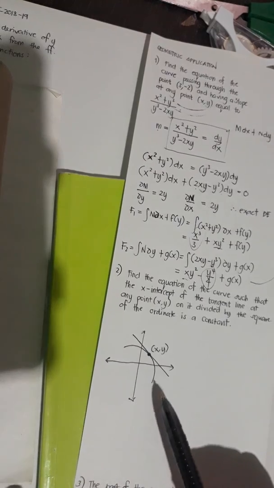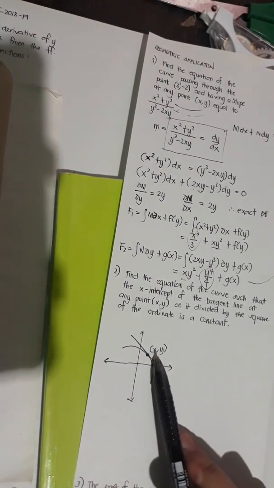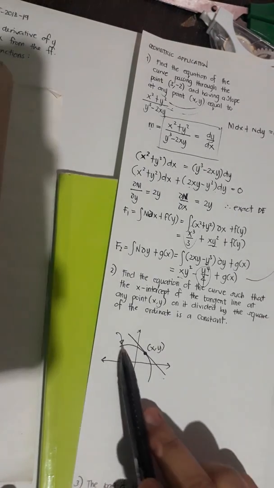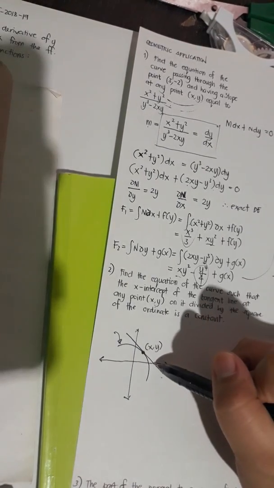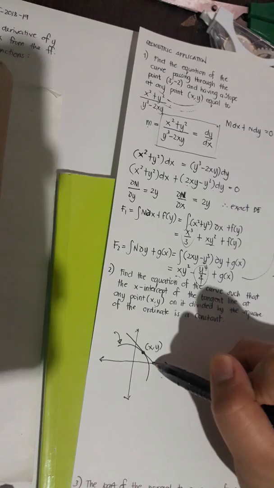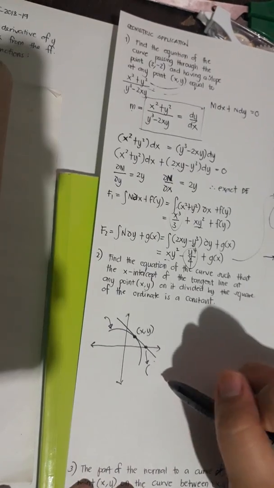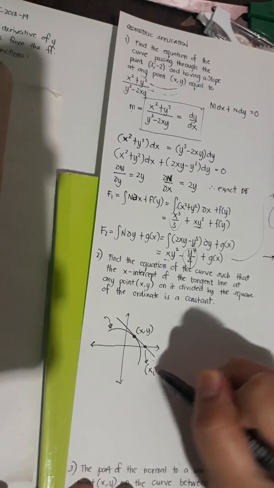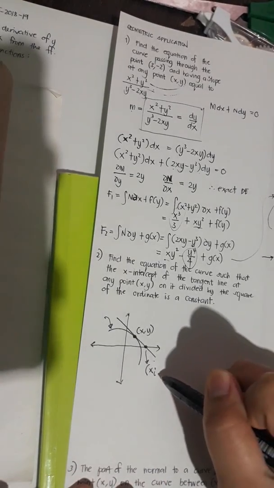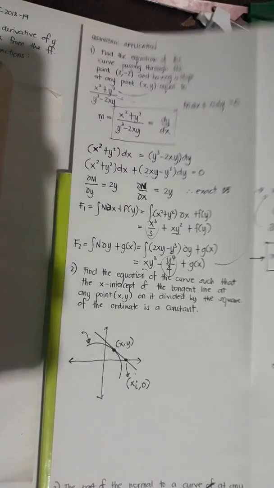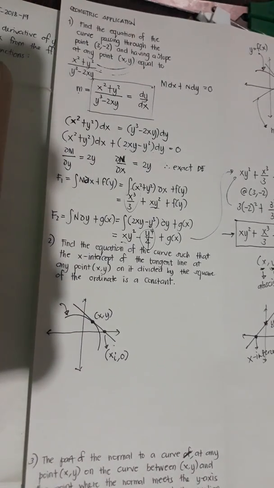So if this is the tangent line at a certain point xy of a graph of a function, then this is the x-intercept, and the coordinates of this x-intercept, let's say the x-intercept is represented by xi, then 0. So these are the coordinates. Of course, the x-intercept has a 0 ordinate.